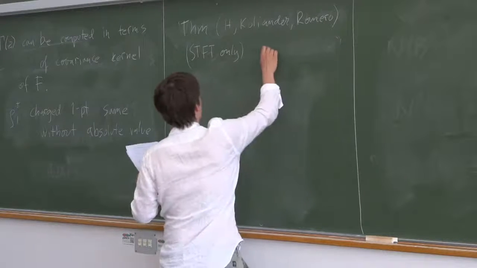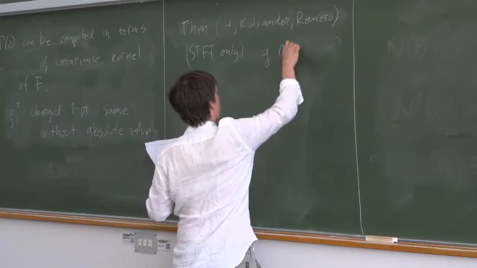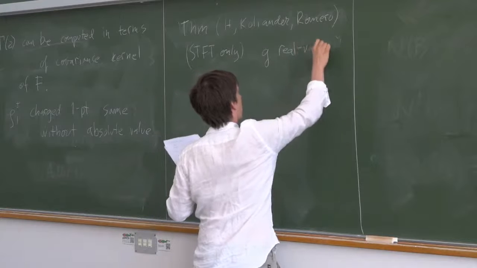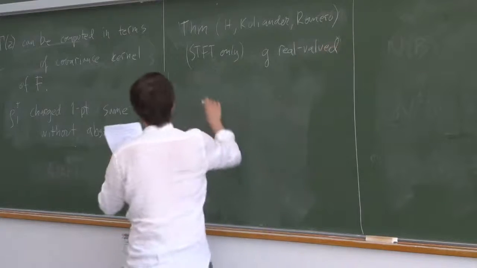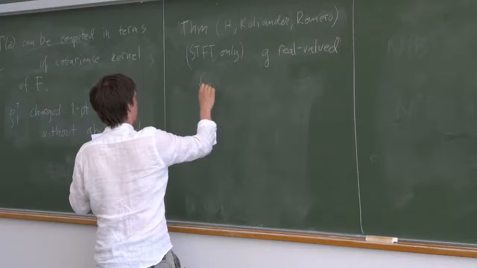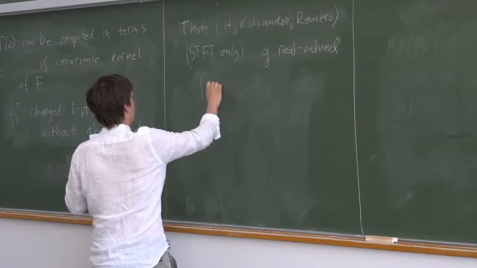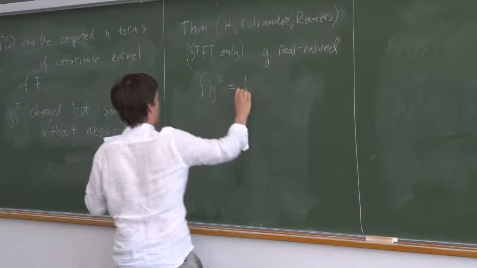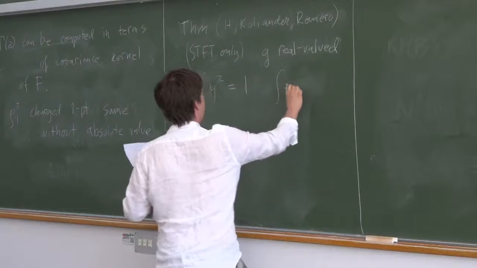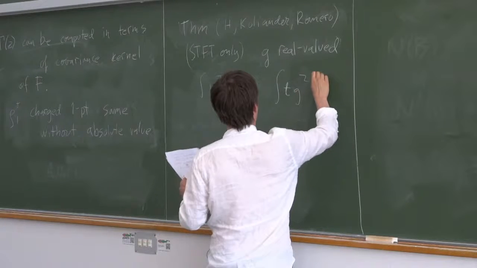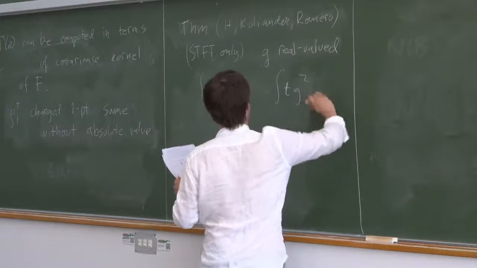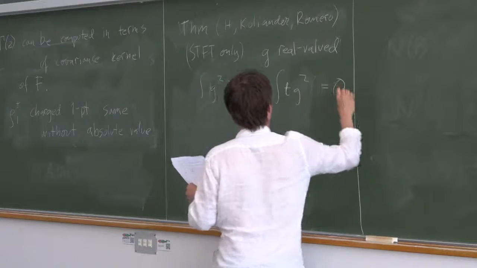So I assume G is real valued, and G has norm 1, and this is 0.